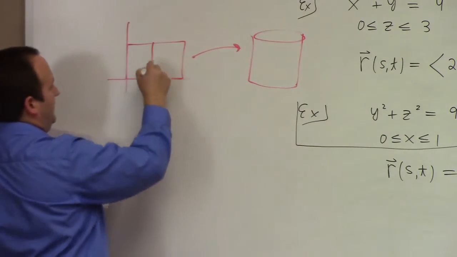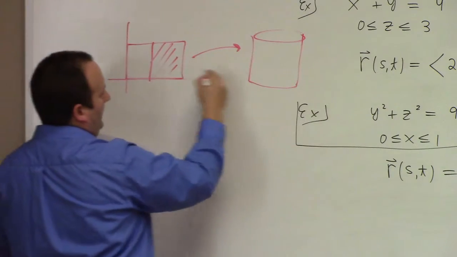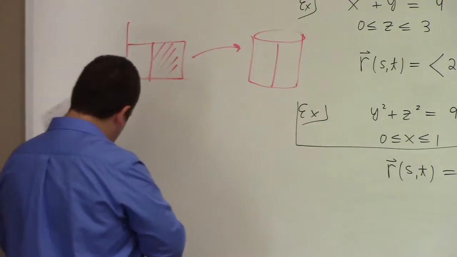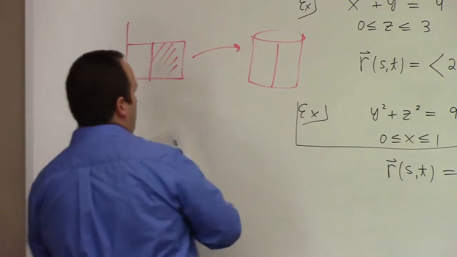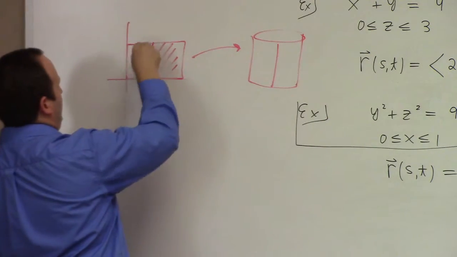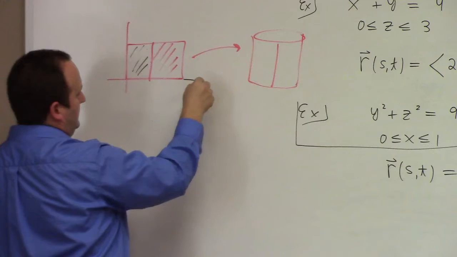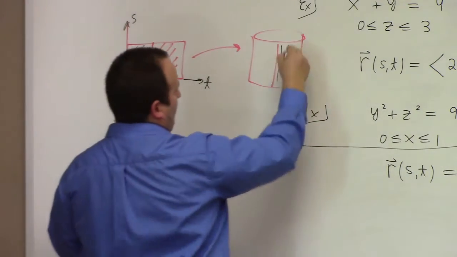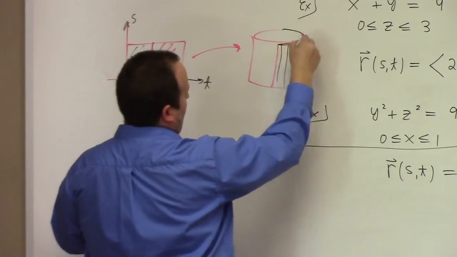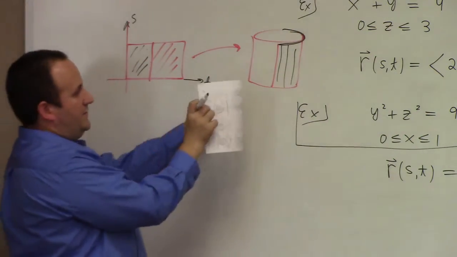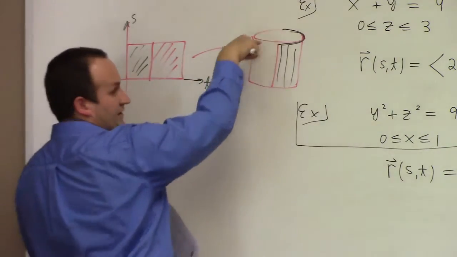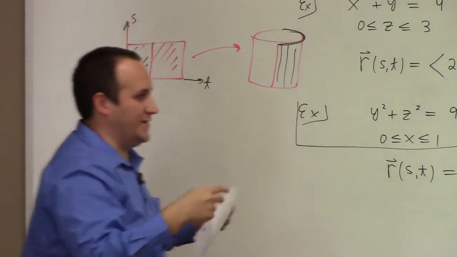And so half of the paper, say from 0 to pi, this is t, this is s, this half of the paper is going onto that half of the cylinder, right? And then the other half is going over there. It's probably not helping.